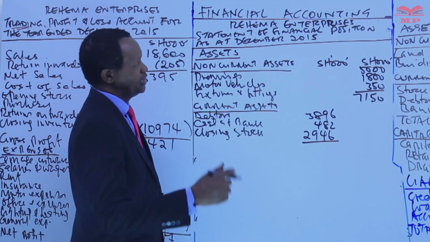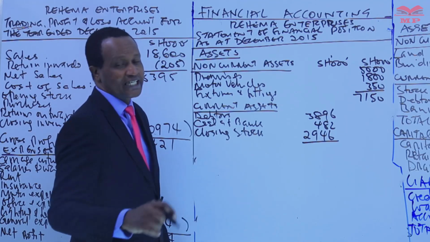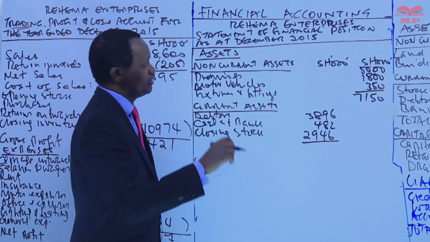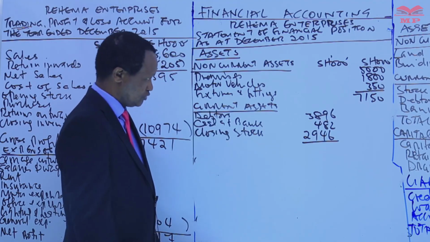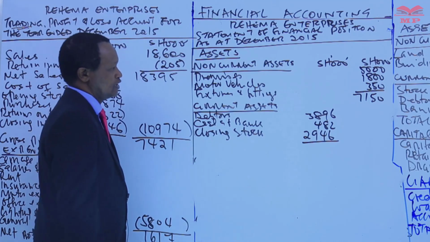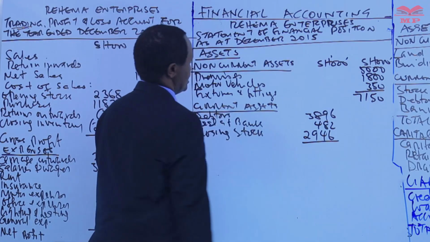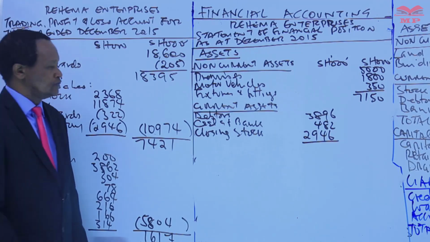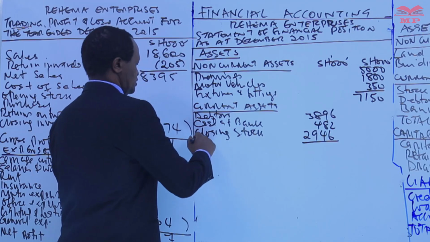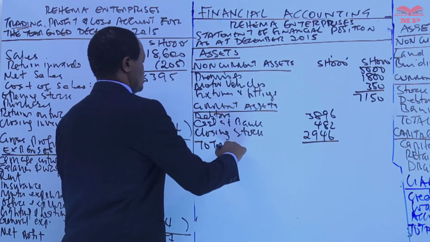But if you are doing a balance sheet as at the beginning of the accounting period, that is when you use the opening stock. So give me the total current assets. So this will be the total assets.